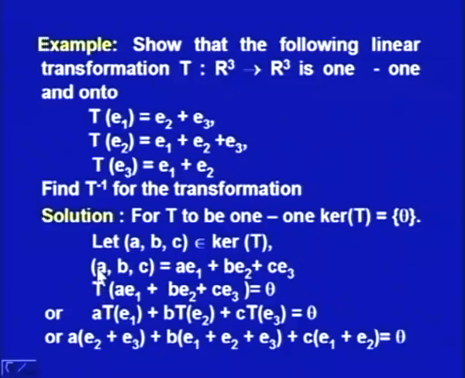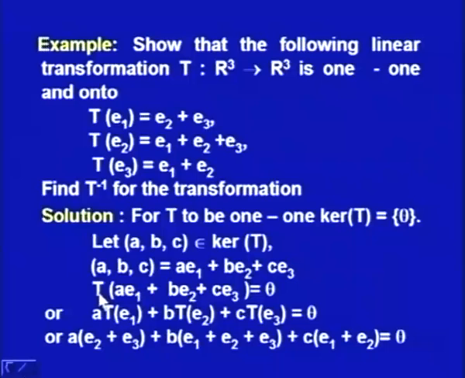So, T of ABC is equal to T of AE1 plus BE2 plus CE3, and this is equal to theta. That is what we have assumed, that is what we have started with.